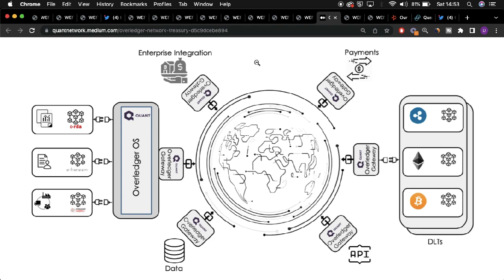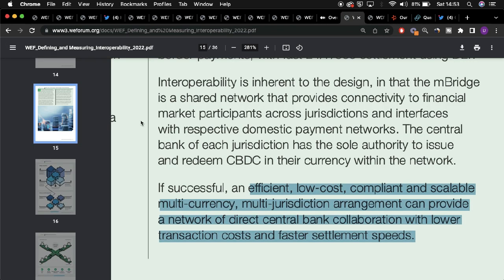So if financial bodies around the world look to Overledger as a means of providing connectivity between CBDCs, this will see the benefits surrounding CBDCs, especially surrounding improvements in cross-border payments and the cost effectiveness surrounding cross-border payments being achieved. So the potential for financial bodies to actively use Overledger to provide connectivity between CBDCs and also allowing for improvements in interoperability between CBDCs and legacy systems will mean that such financial bodies will be required to actively purchase QNT to gain the benefits Overledger provides.